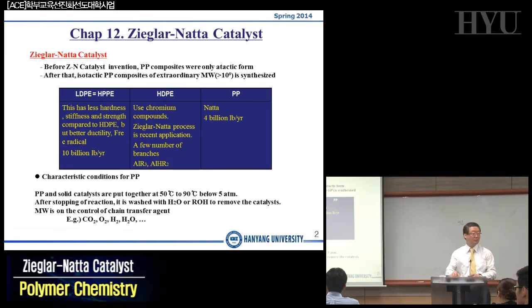Before the invention of the Ziegler-Natta catalyst, we could only make low density polyethylene, which is called LDPE. LDPE was made because you have a lot of branches.